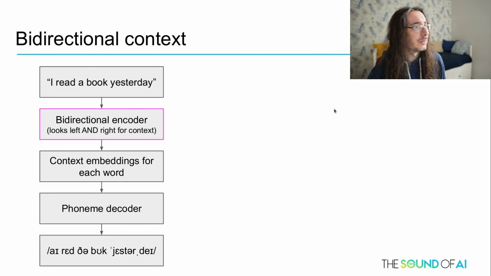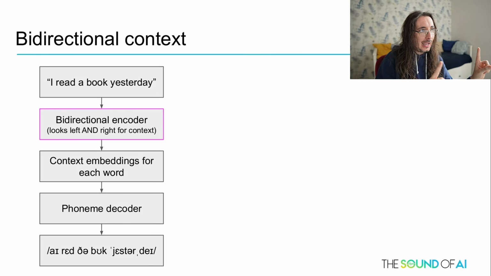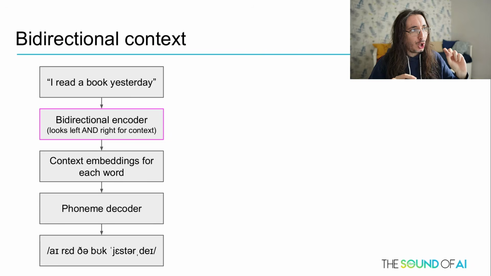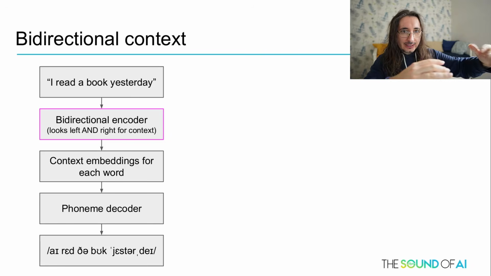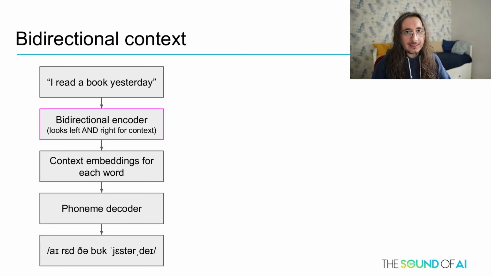We pass it through a bidirectional encoder. Because it has a bidirectional architecture, it looks left and right of the current word to analyze context, and it comes up with an embedding for each word that has contextual information.